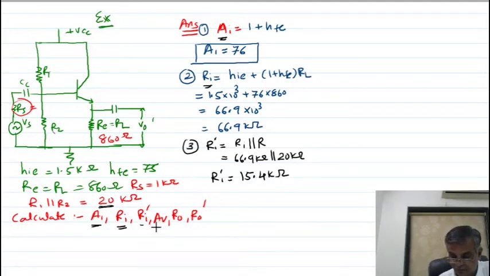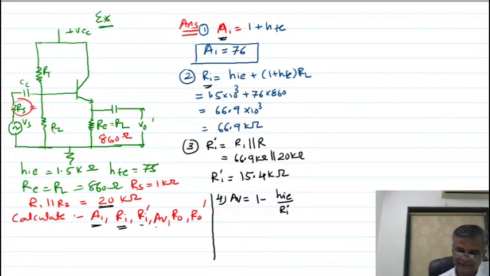Now AV, the gain. This is your fourth calculation, AV. What is AV? AV is nothing but 1 minus HI upon RI, if you know this.